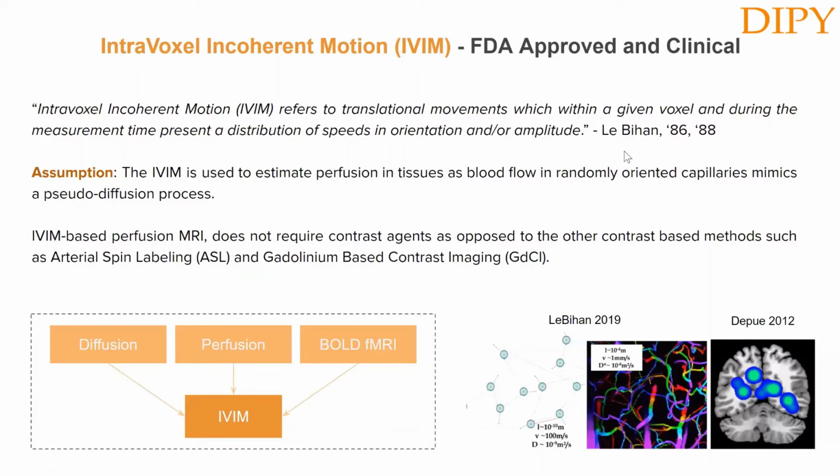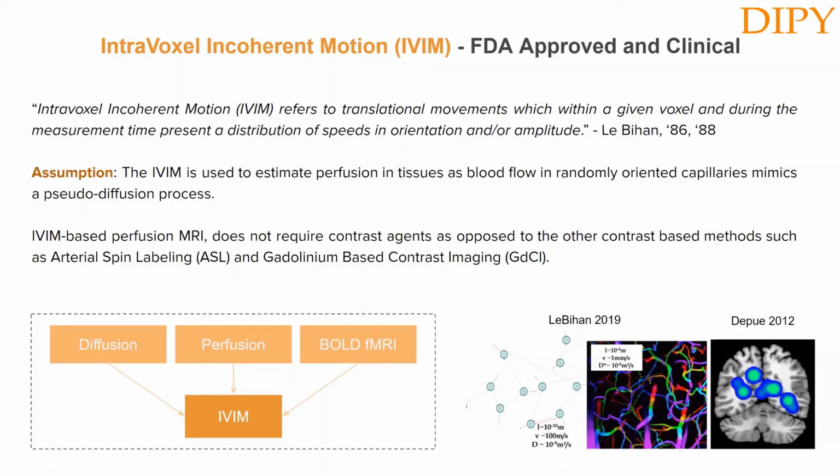All right, let's take a look at what is IVIM. IVIM, which stands for Intravoxel Incoherent Motion, was defined by Denis Le Bihan in his 1986 paper as the translational movements within a voxel that at measurement time represent a distribution of speeds, orientation and amplitude.